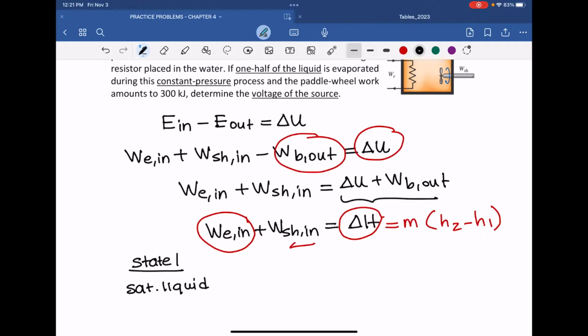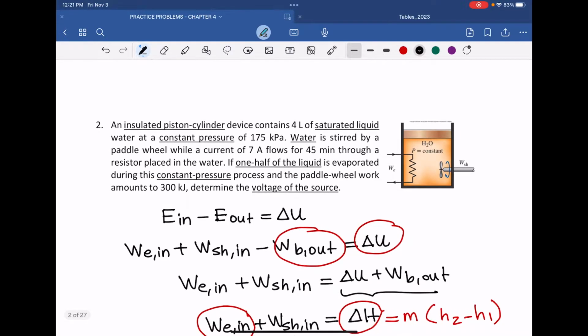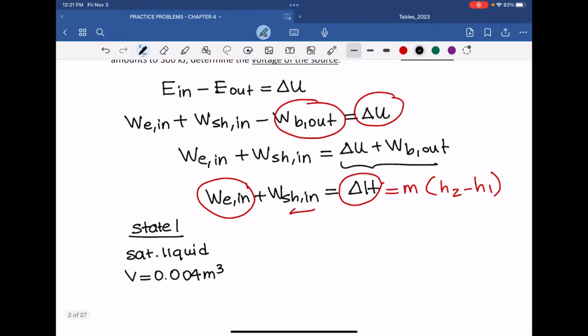They also tell us the volume. But volume itself is not a property we can use to look at the tables. What else they tell us is the pressure. Very good. So we know the pressure and we know it's a saturated liquid. That information is enough for us to be able to look at the tables.